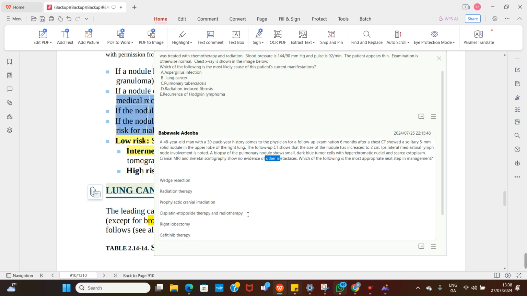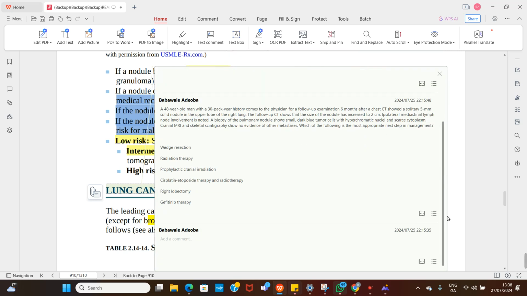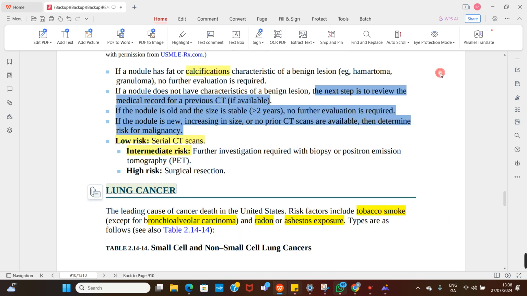So you have to give chemo and radiotherapy. I know that you understand, it's just that the question is a little bit ambiguous. So just pay attention: the fact that it has gone beyond the lungs means you still give your chemo and your radiotherapy.